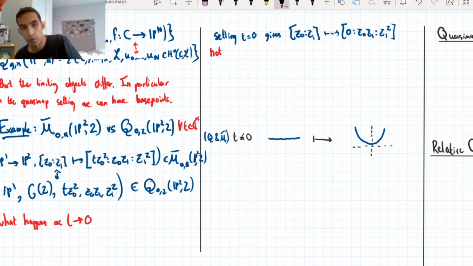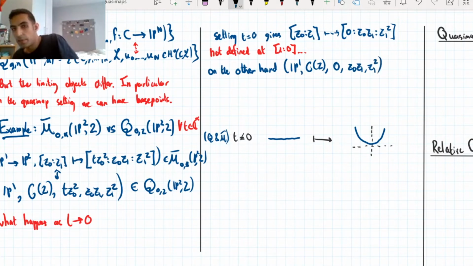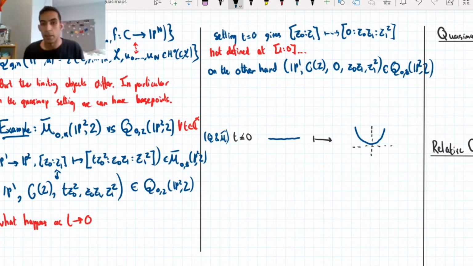It's not defined at [1:0]. But on the other hand, this kind of curve, line bundle, and triple of sections are perfectly valid in this Quasimap setting. So this is the limit in the Quasimap setting.